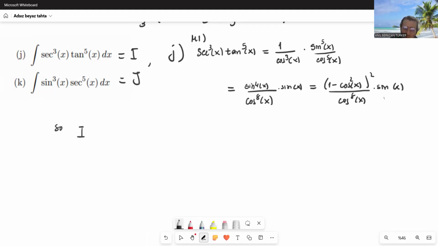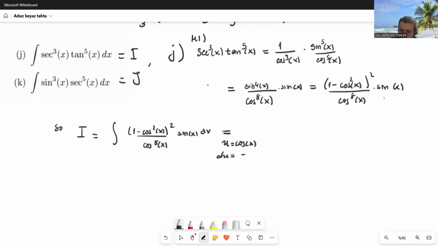This integral becomes 1 minus cosine square x, squared, over cosine 8x sine x dx. Put u equals cosine x. It's substitution.